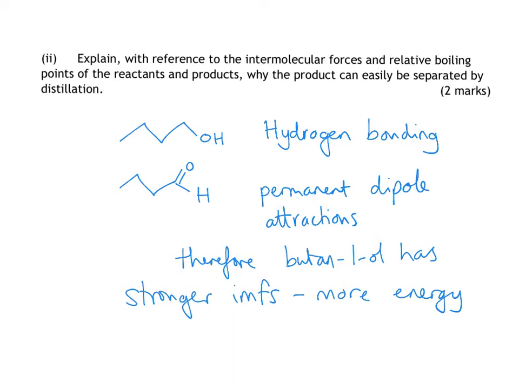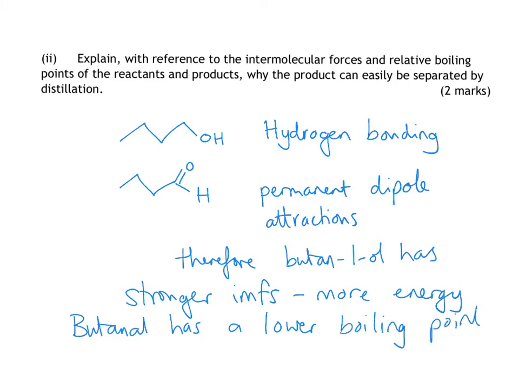So we're just linking the 2 different types of intermolecular force, identifying which one is stronger, and therefore saying that that one requires more energy and thus has a higher boiling point. So we're really just linking it all to boiling points. So actually I might, just to make it really specific to the question, say that butanal has a lower boiling point.